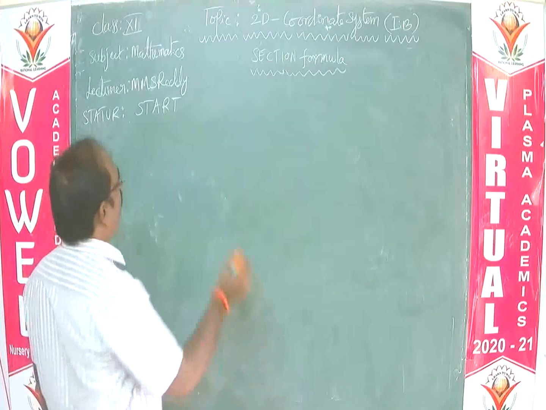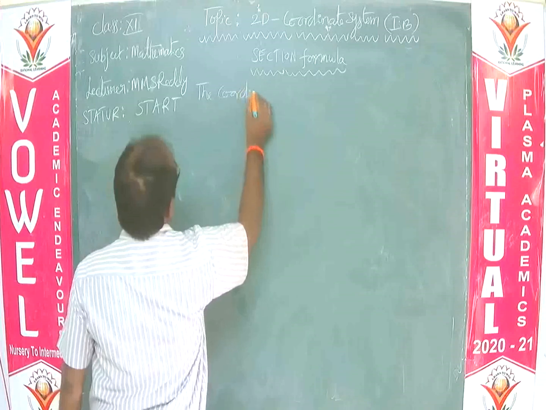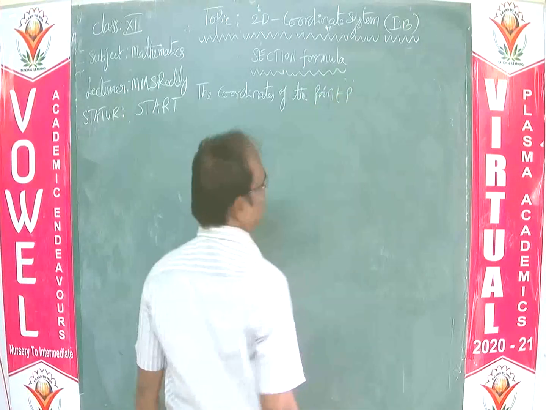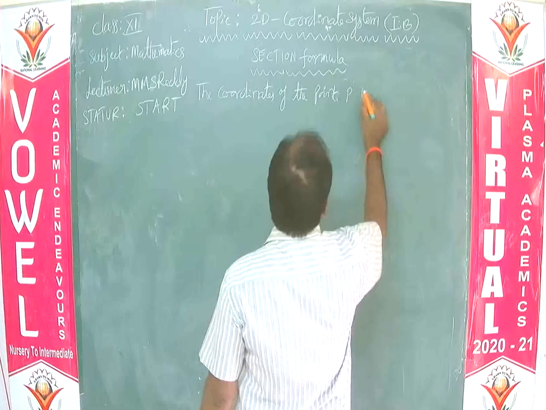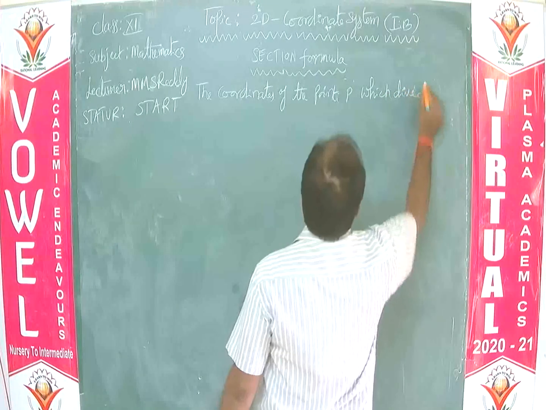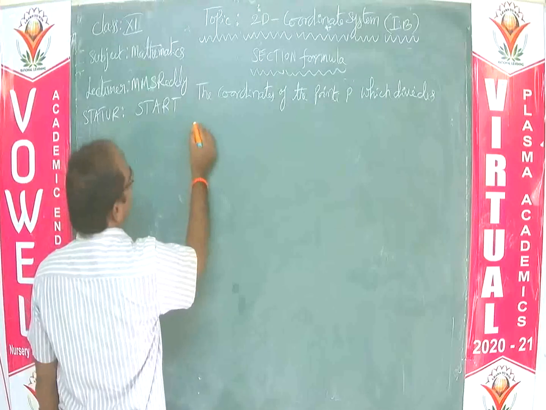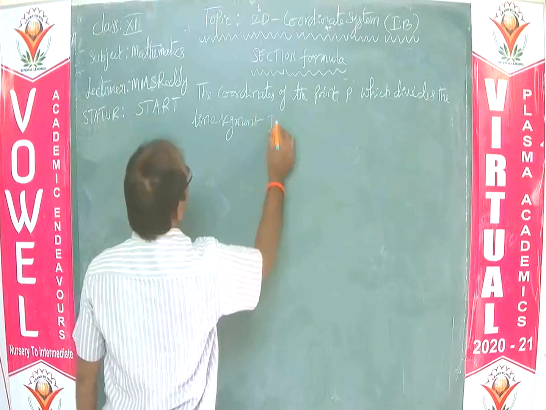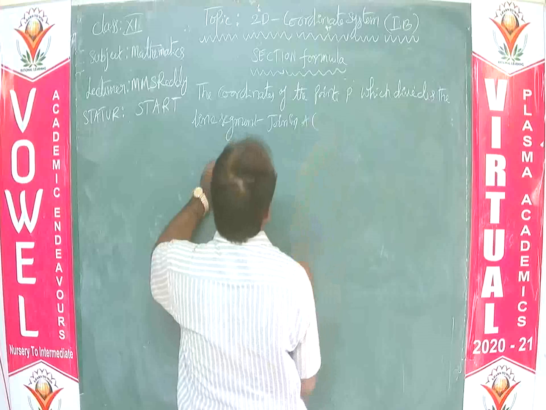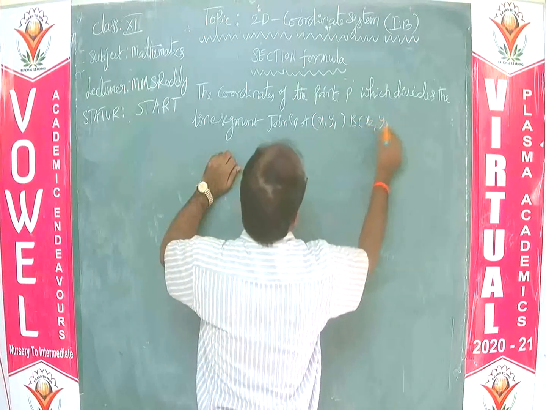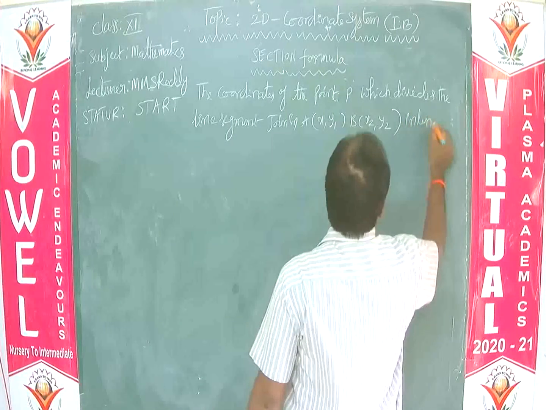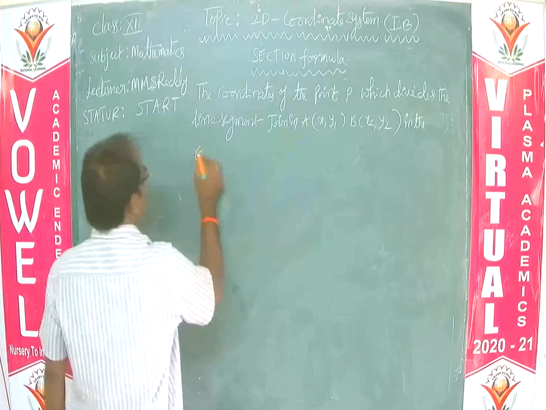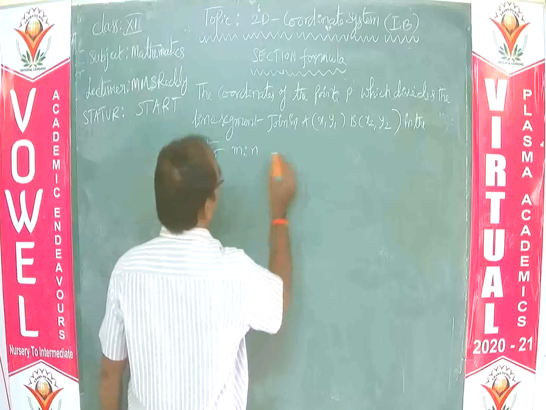Look here, the coordinates of the point P, which divides the line segment joining A(x1, y1), B(x2, y2), internally or externally in the ratio m is to n.